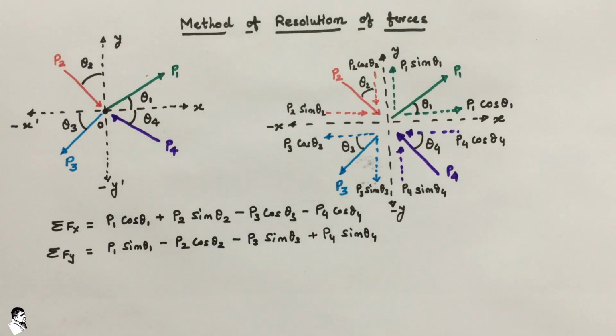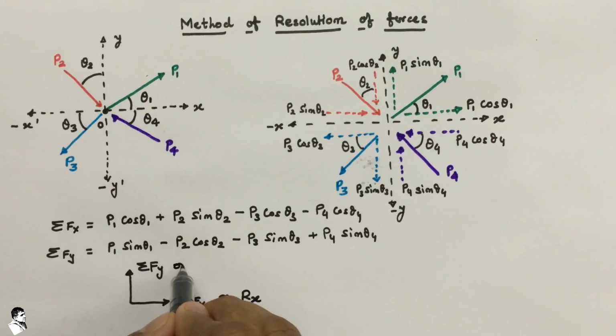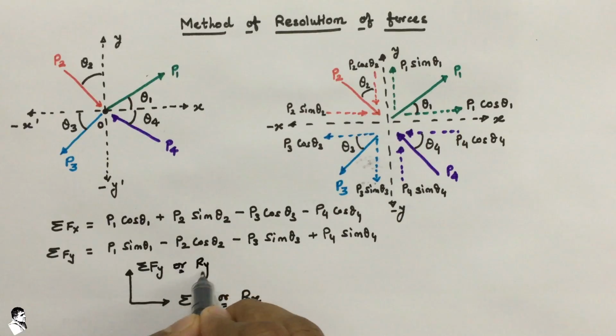So the given system is converted into a simple form: the summation of forces along the x-axis and the summation of forces along the y-axis, or we can write these as Rx and Ry.